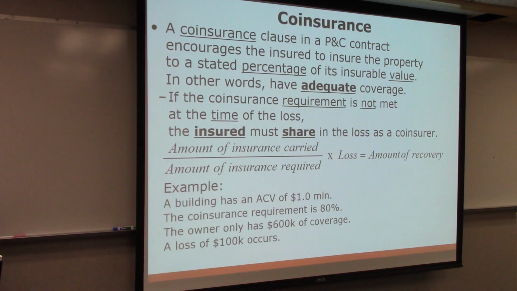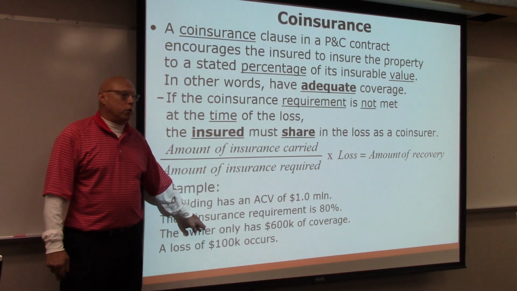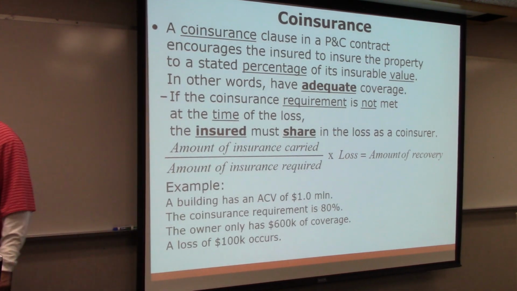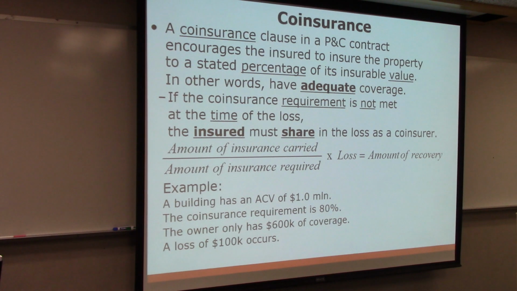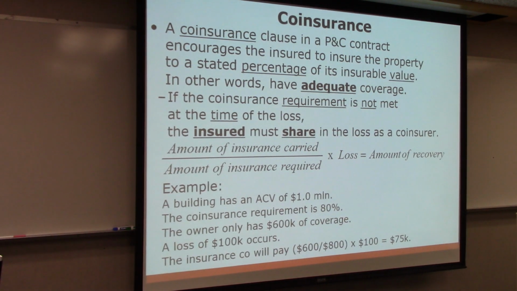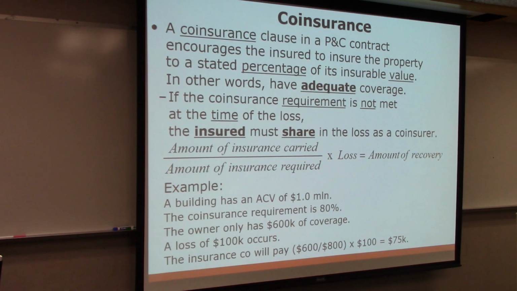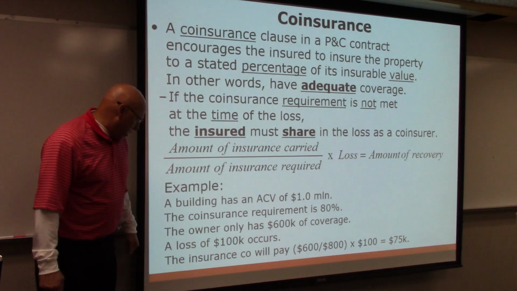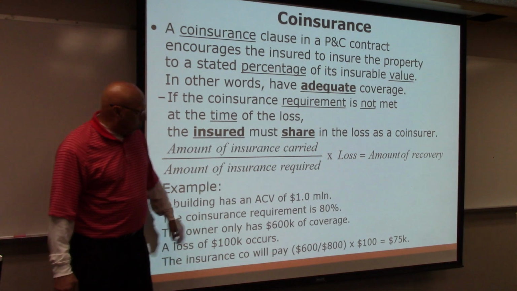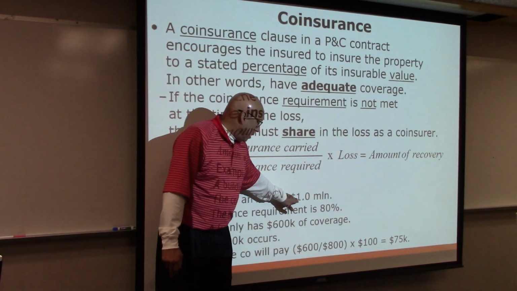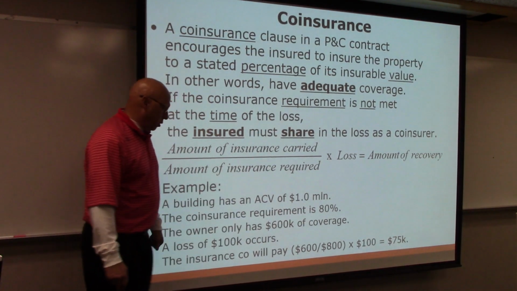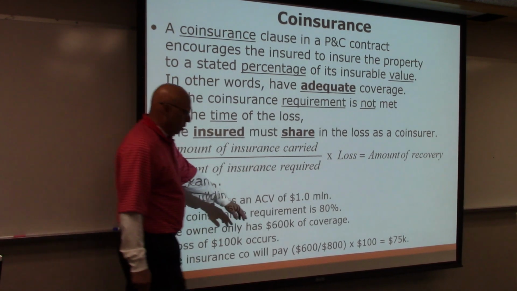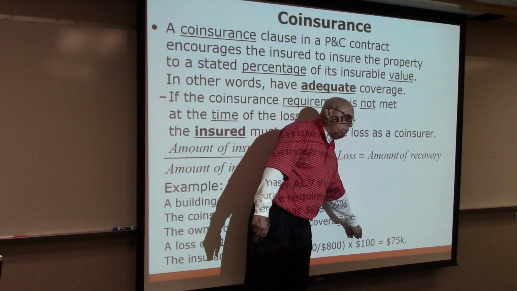So you look at that and say, well, they have $600,000 worth of coverage, which means the insurance company is going to cover all of it. No, it's not, because they don't have adequate coverage. So the insurance company will take the $600,000 divided by the requirement of 0.8 times $1 million, $800,000. So the insurance company is going to cover 2/3 of the $100,000.